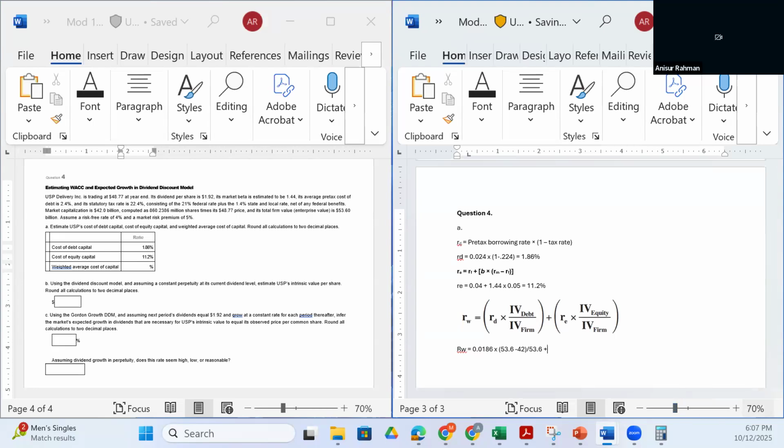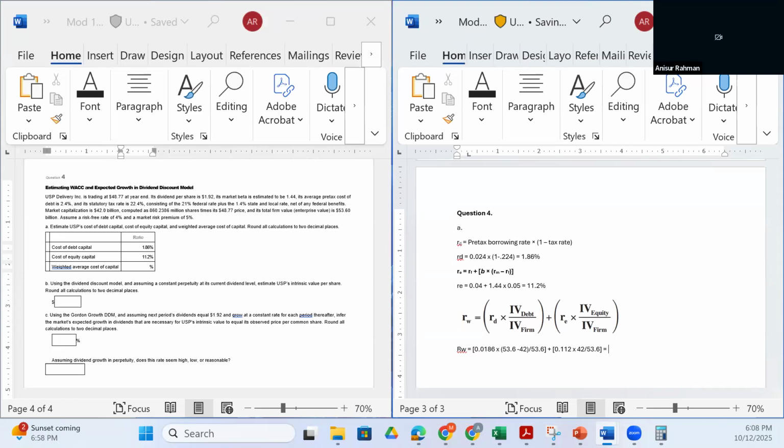So now plus, so this is one part of the formula. Second part is cost of equity, which is 11.2% times 42, the equity value, divided by 53.6.